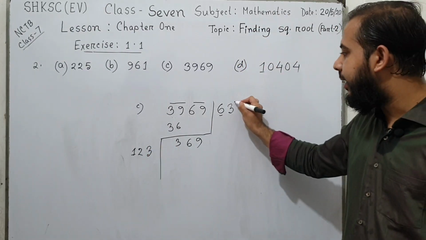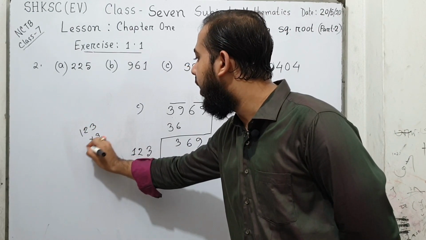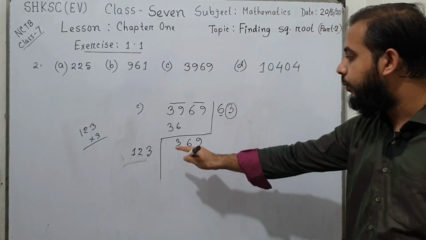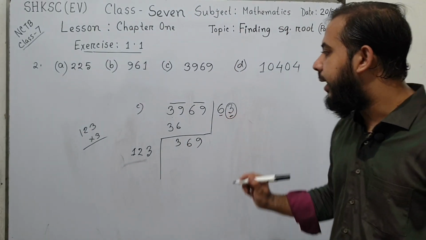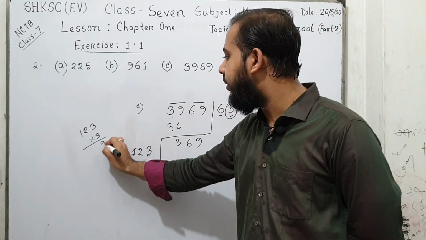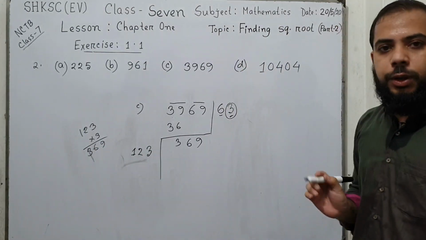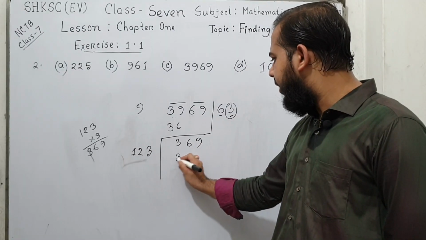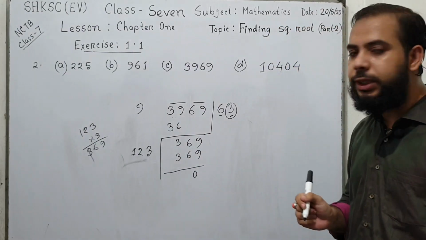So if we multiply this 3 with 123, that is 123 times 3, 123 being the total number here, which we multiply with only 3, not 6, only 3. So 123 times 3 is 9, 6 and 3 ones are 3. So if we make this multiplication, then we will get the similar result, and when we subtract, we will get 0.